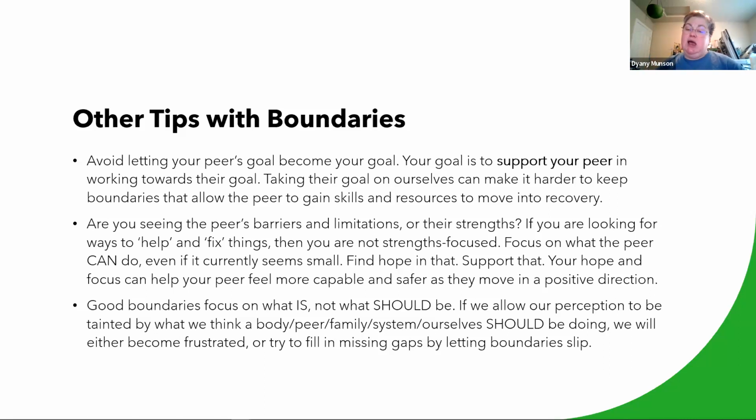And sometimes we try to excuse that by saying, this is just a little thing. But we also need to remember that if that peer is not getting stronger in making their own decisions, if we're not supporting them as they build their strengths, their skills, their resources, then we're also failing on that front.